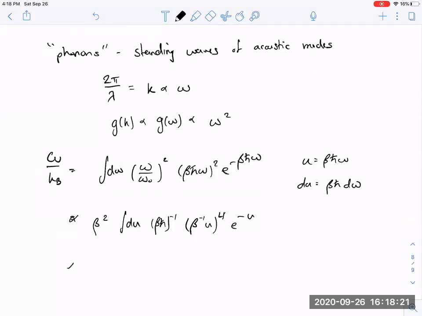Grouping terms together, we have a beta squared, beta inverse that kills one of those betas, and then beta inverse to the 4th. That whole thing is going to go like beta inverse cubed times some integral that doesn't depend on temperature, or depends only weakly on temperature.